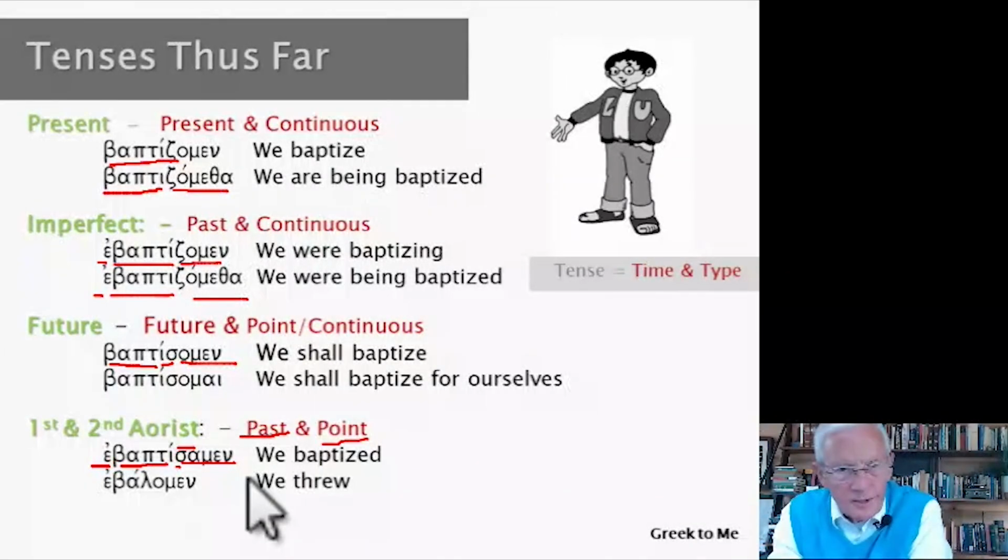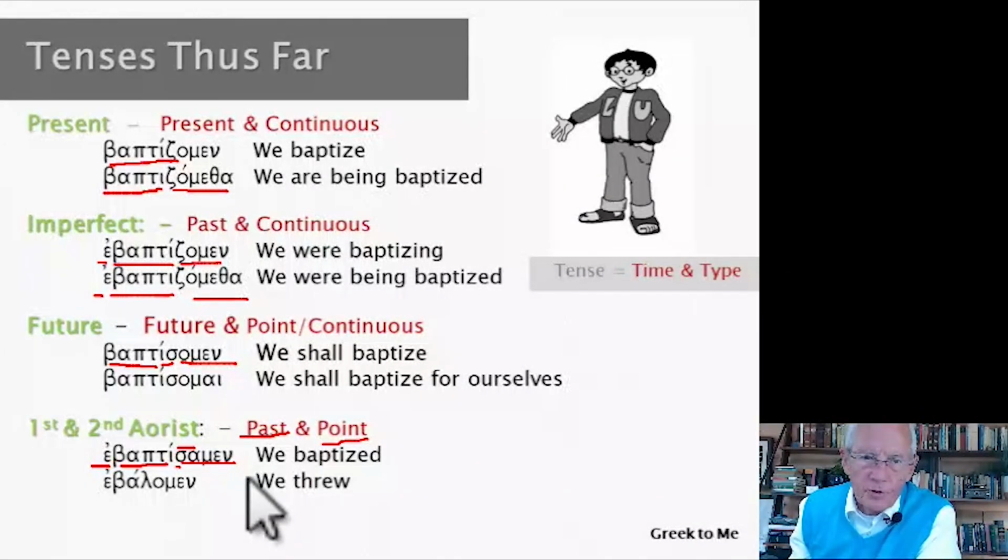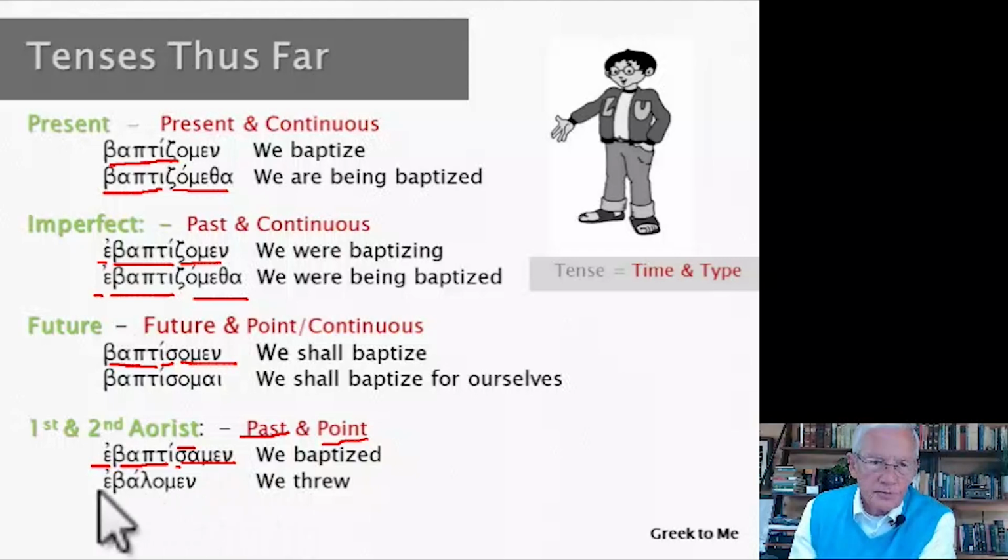So first aorist, active indicative, first person plural, we baptized. That is the regular pattern. And then with the second aorist, we notice here our prefixed augment, we have the internal stem change, and then we have our ending omen. So second aorist, active indicative, first person plural, we threw.